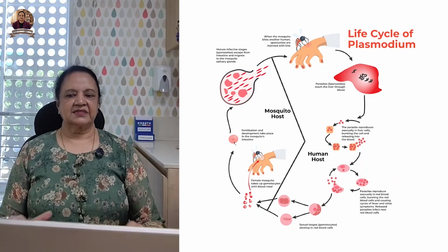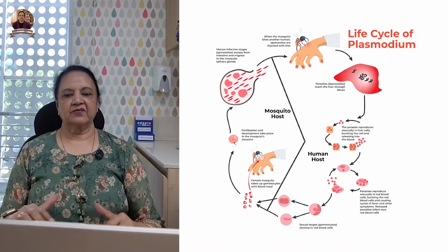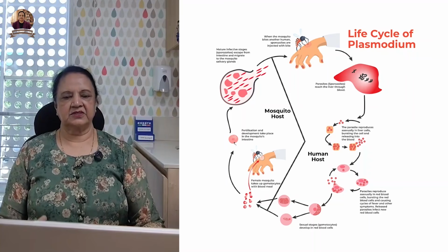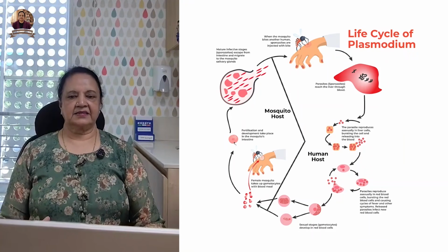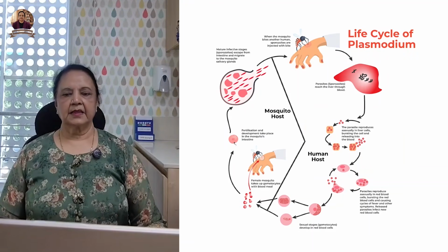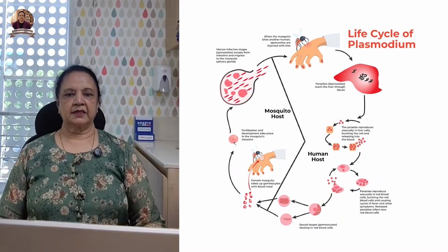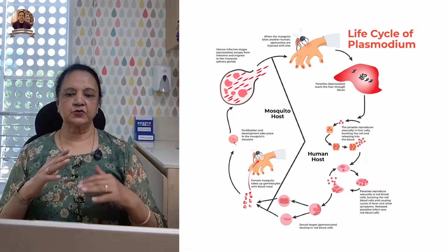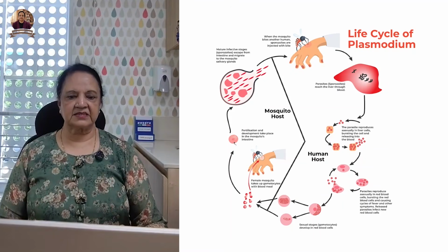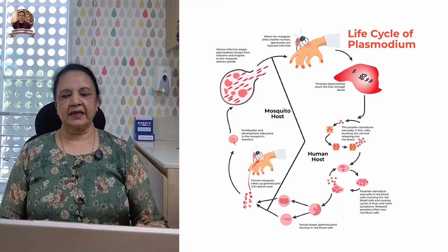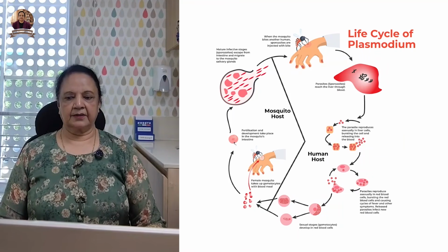In mosquitoes, sexual cycle. When a female Anopheles mosquito bites an infected person, it ingests the parasite with the blood. The parasite undergoes sexual reproduction in the mosquito's gut, eventually forming infective stages called sporozoites that migrate to its salivary gland.